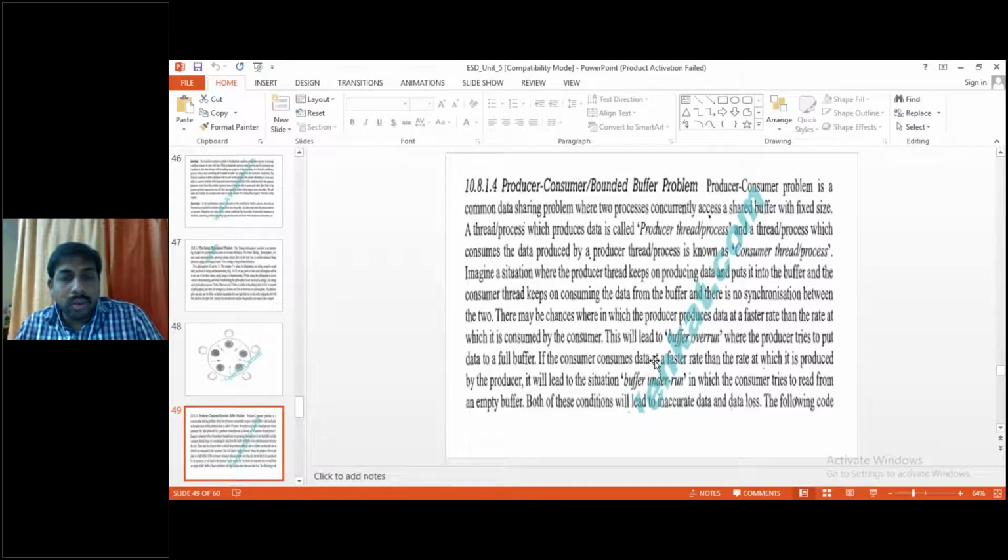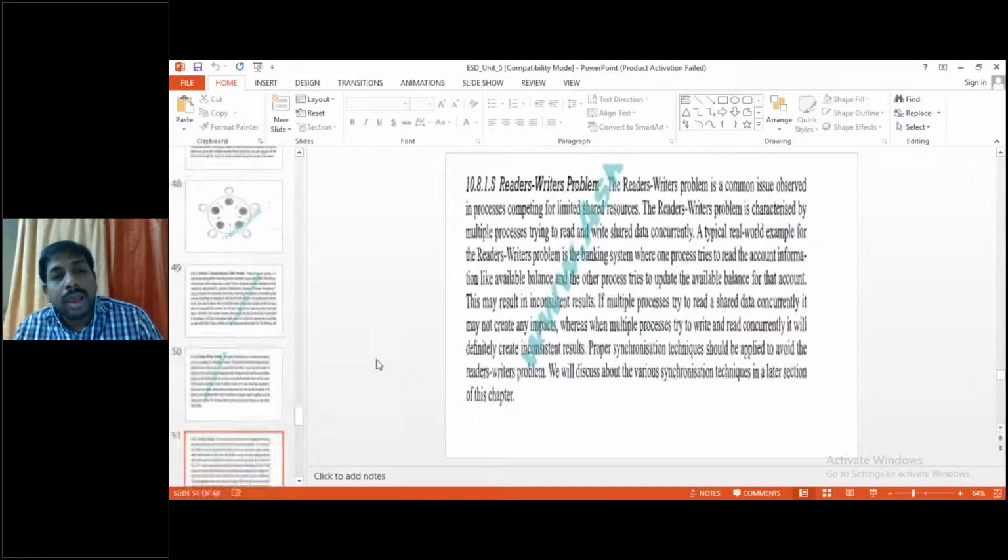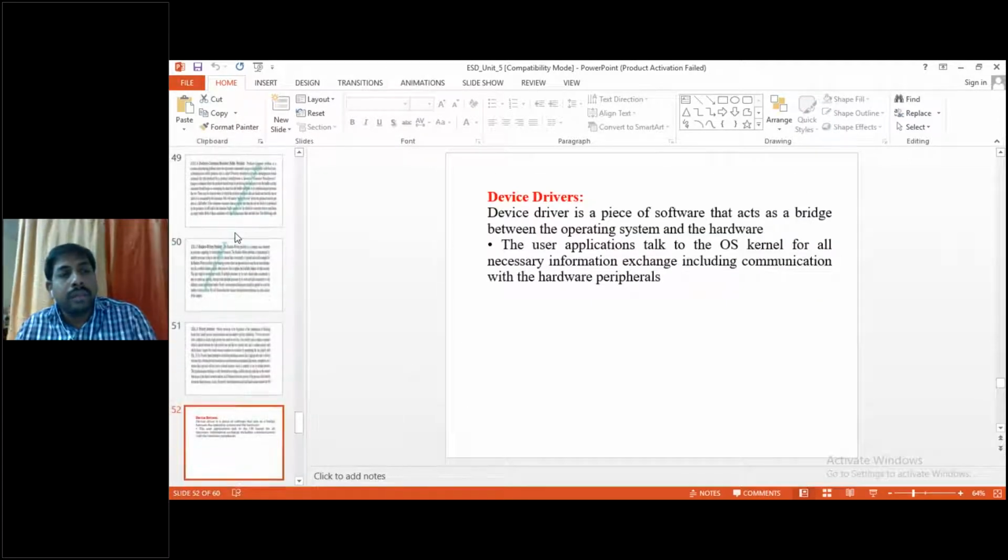Then two cases occur: buffer overrun or buffer underrun. Buffer overrun occurs when the producer produces data at a faster rate and it is not consumed by the consumer. Buffer underrun occurs when the producer is unable to produce the data, but the consumer requires more data.